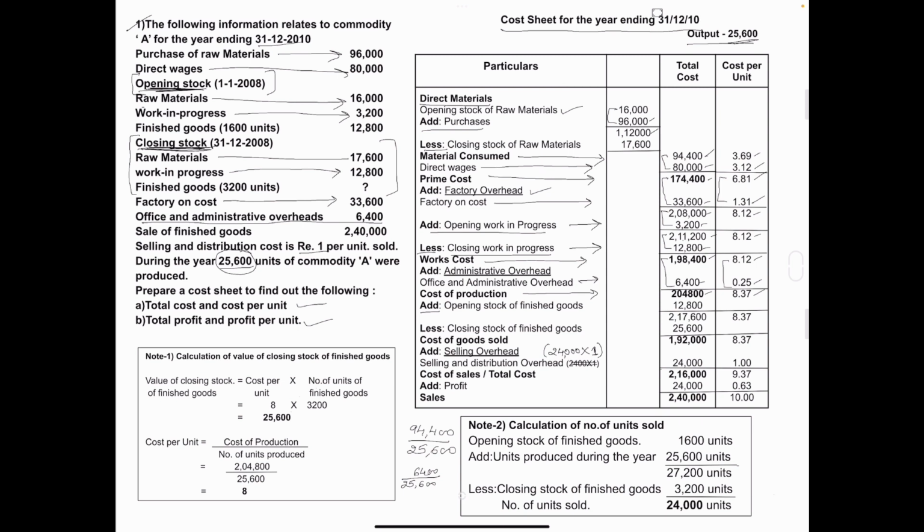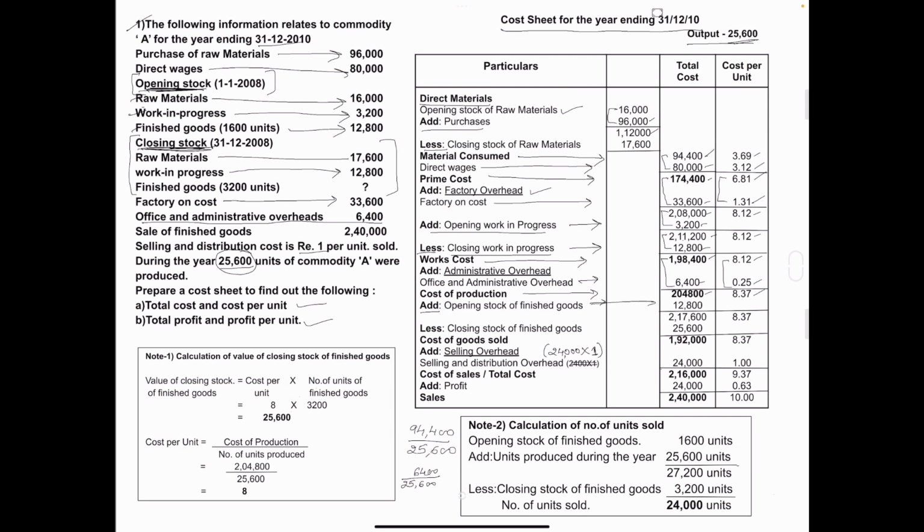Opening stock of finished goods. See the opening balance. Raw material we have taken, work in progress we have taken. Next is finished goods. Finished goods amount is 12,800. So write here, add opening stock of finished goods 12,800.